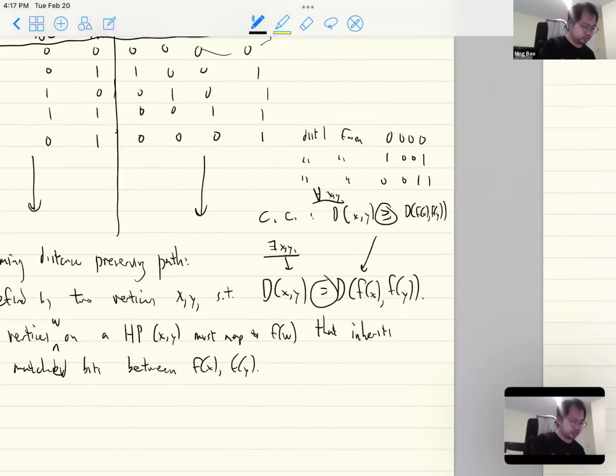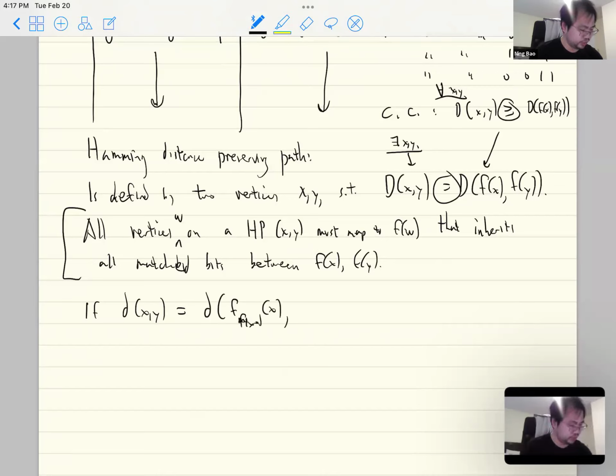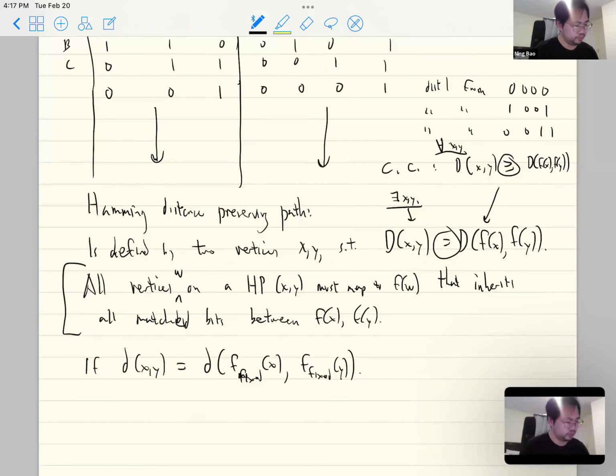So there's a second condition, which I guess I'll write down here, where the distance between x and y is already equal to the distance between the fixed bits of f of x and f of y. In other words, if f of x is 0, 0, question mark, and we don't know what they are, and f of y is, say, 1, 1, 0, 0, so something exactly fixed, and we know that the distance between x and y is equal to 2.